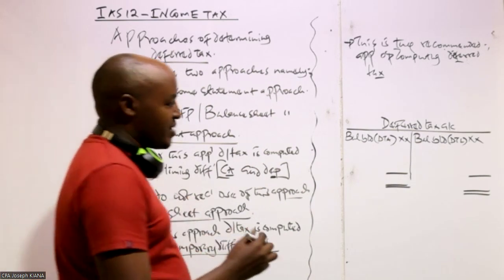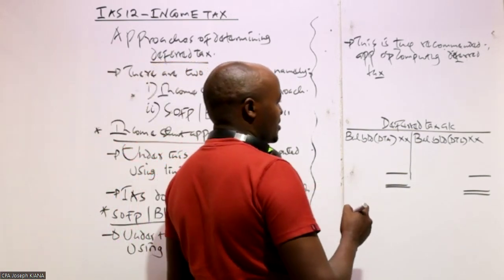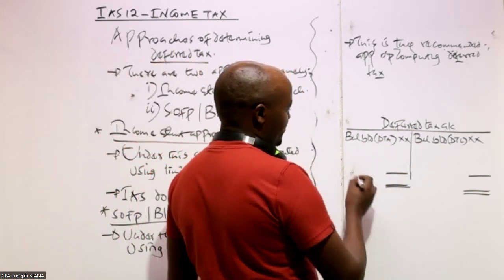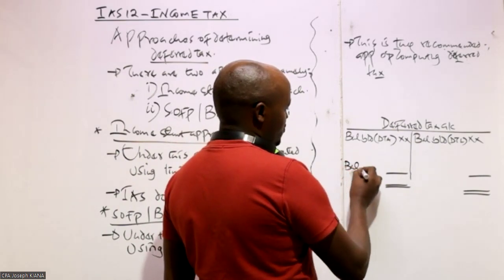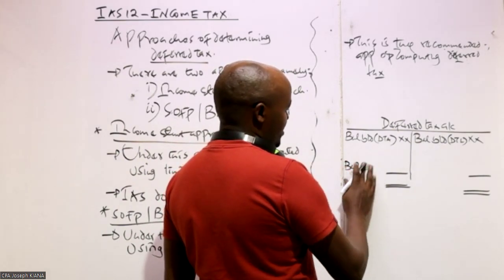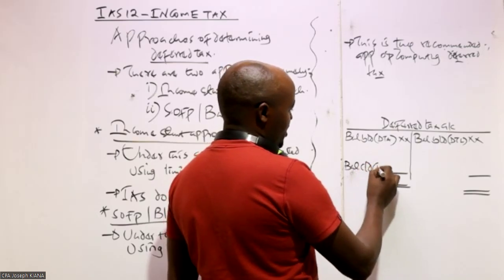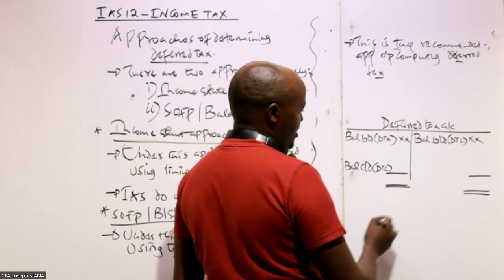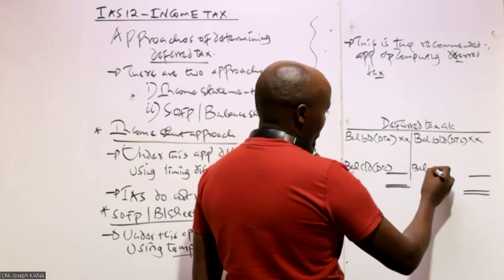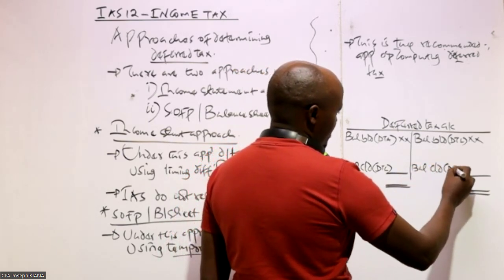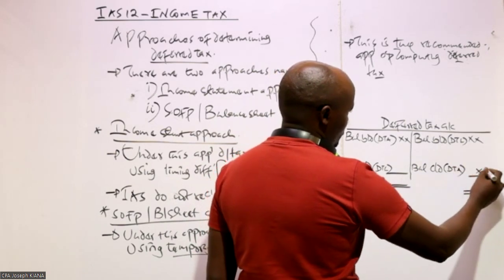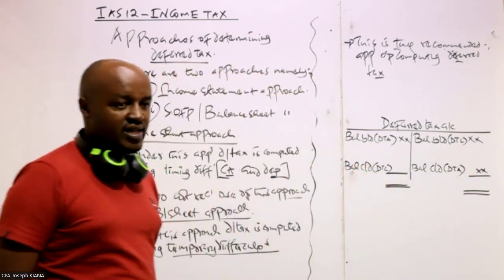And then you compute the amount of deferred tax liability or the deferred tax asset at the end of the year. A deferred tax liability at the end of the year is recorded on this side, whereas a deferred tax asset at the end of the year is recorded on that side.